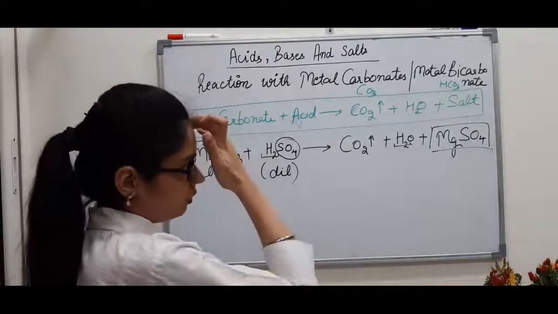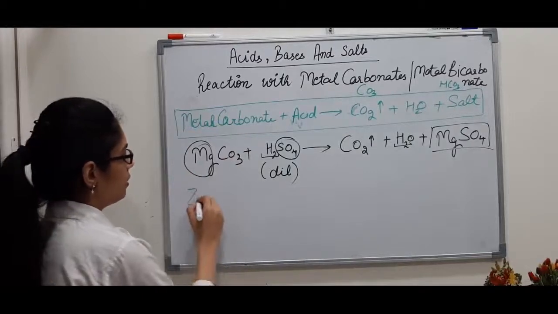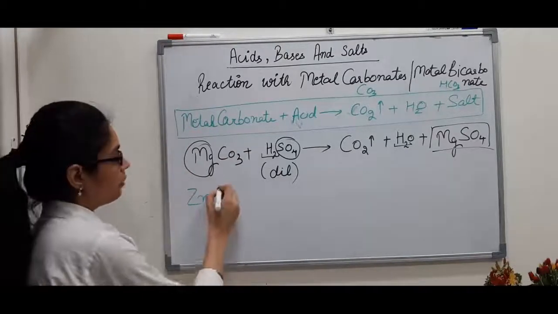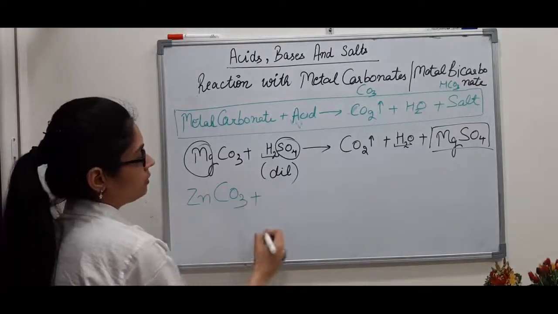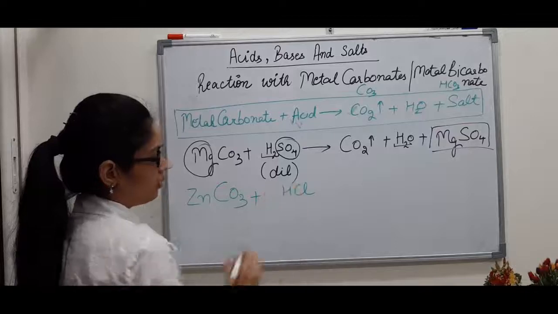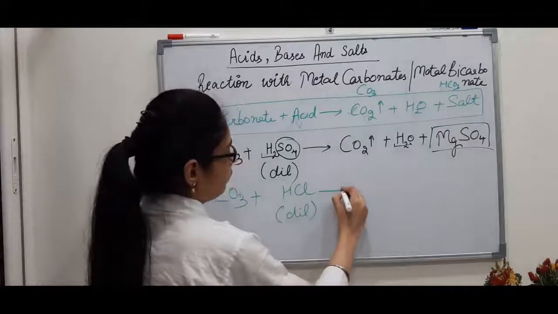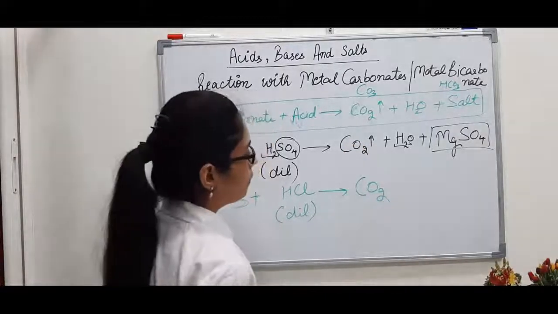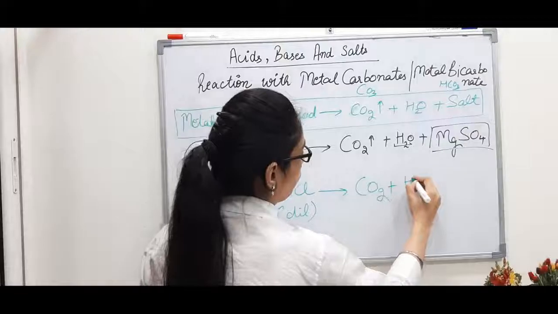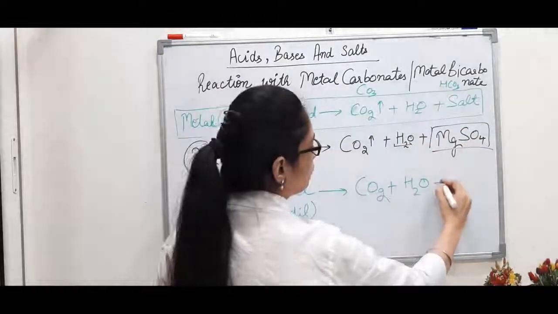Now let's do one more reaction. Let's take zinc carbonate. So zinc I will write as it is, carbonate CO3, plus now we can take hydrochloric acid in dilute form. It will give us carbon dioxide plus water. Since we have already discussed, products will remain the same.